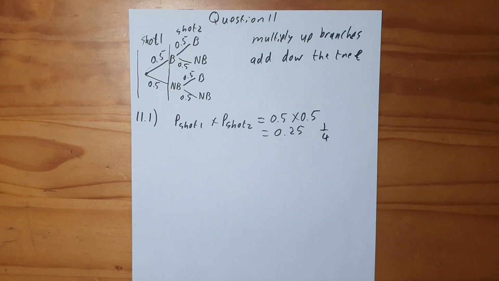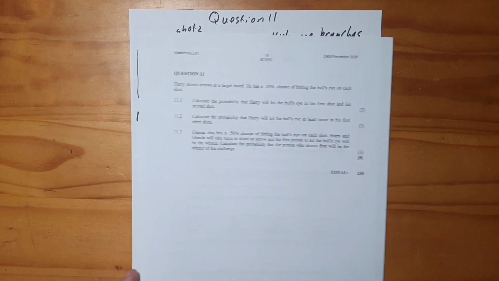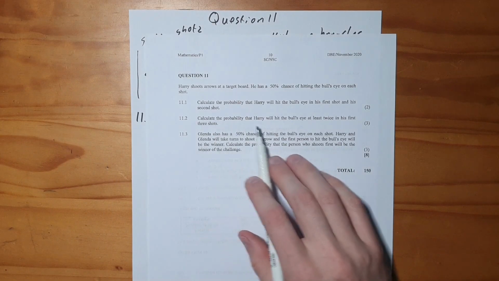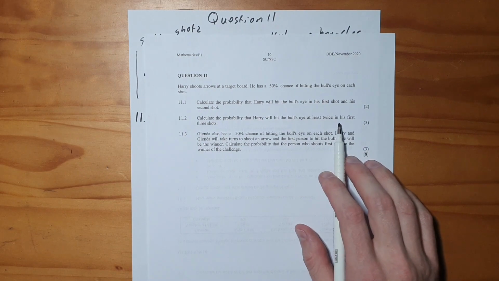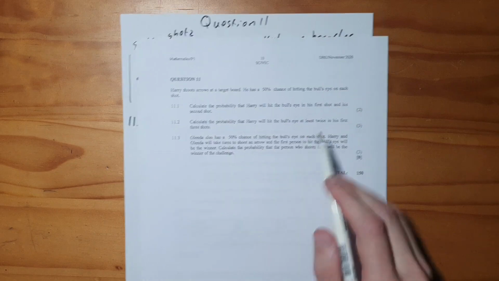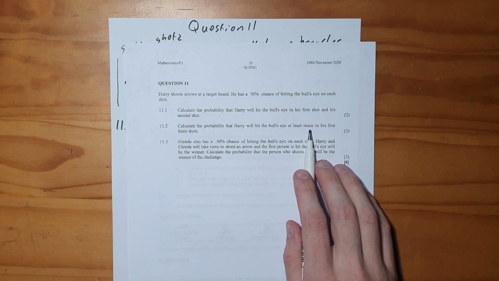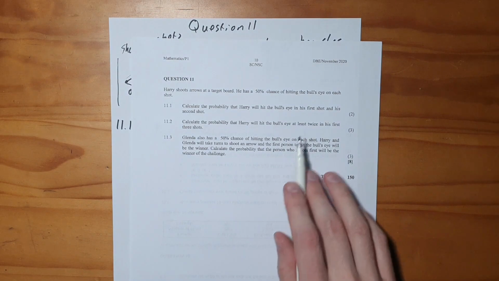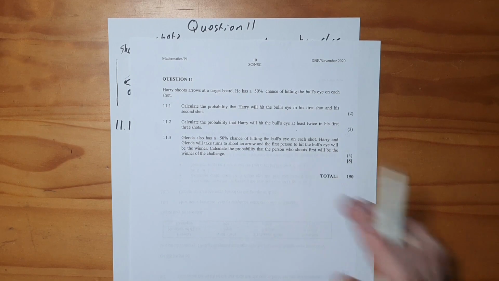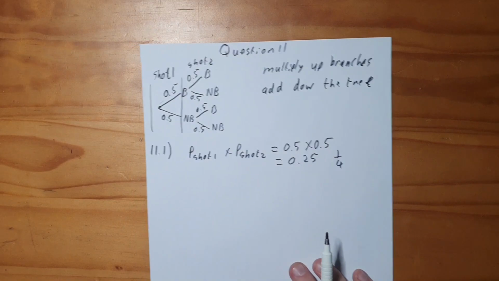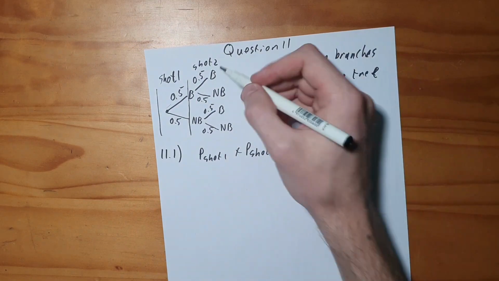Now 11.2 says calculate the probability that Harry will hit a bullseye at least twice in his first 3 shots. Now note it says at least twice. So the minimum times he can hit a bull in 3 shots is twice. Looking at our diagram, I'm just going to extend this one.